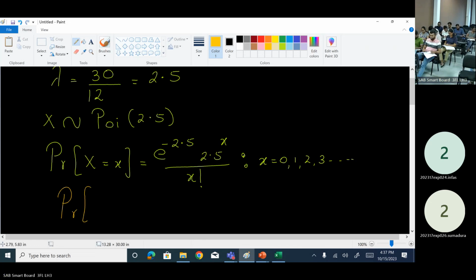That is e to the power of minus 2.5, 2.5 to the power of 4, over 4 factorial. We can get it.